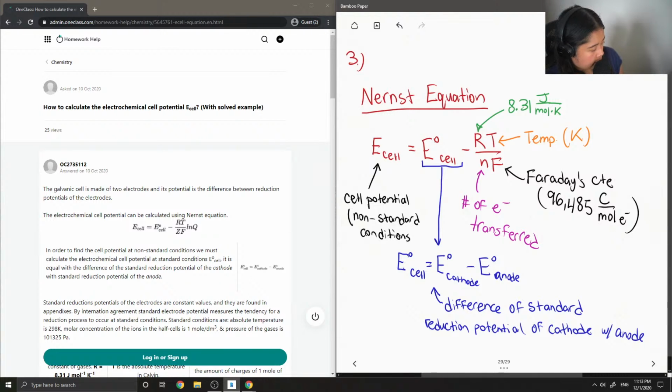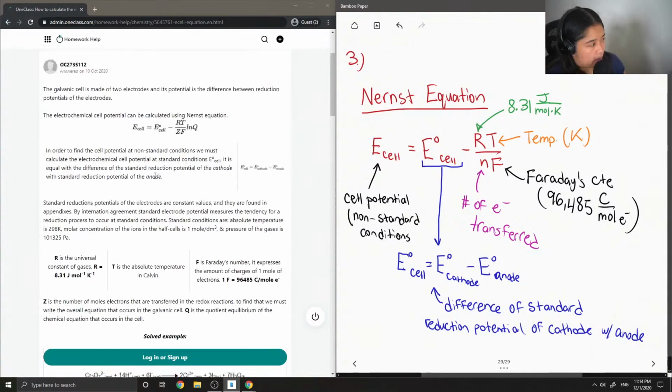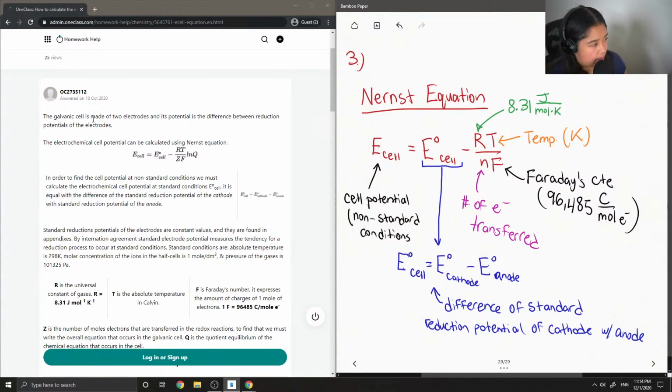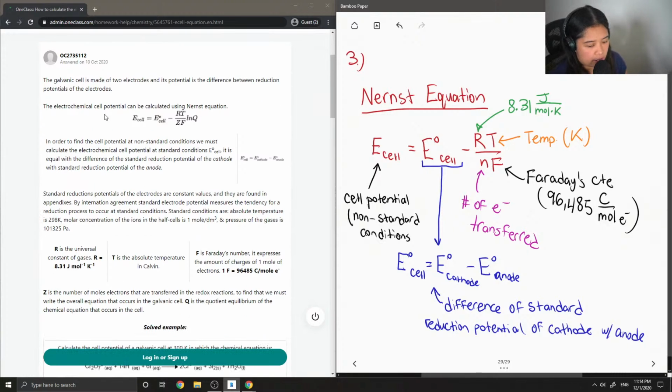Okay, so let's see what the junior tutor said, because I believe they have a solved example. So the galvanic cell is made of 2 electrodes, and its potential is the difference between the reduction potential of the electrodes. The electrochemical cell potential can be calculated using Nernst equation.